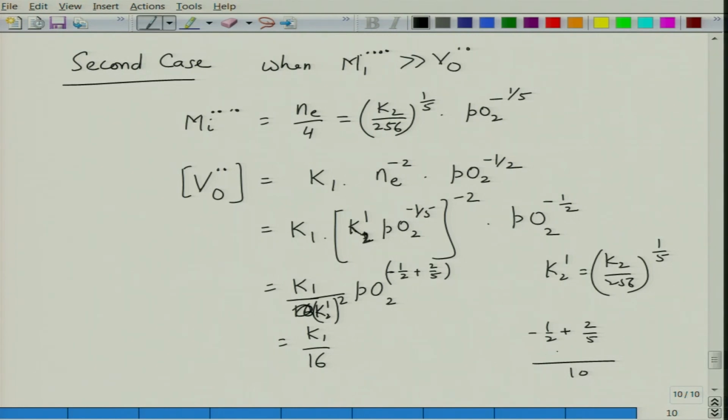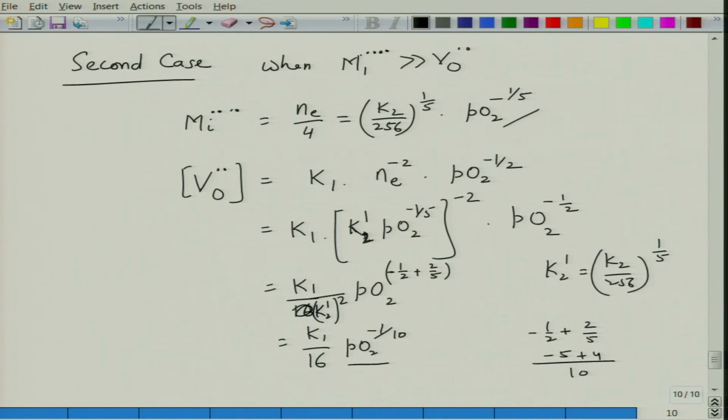Basically this is minus 5, this is plus 4, this will be minus 1 over 10. So, in this regime oxygen vacancy has a dependence of minus 1 over 10 and Mi has a dependence of minus 1 over 5.